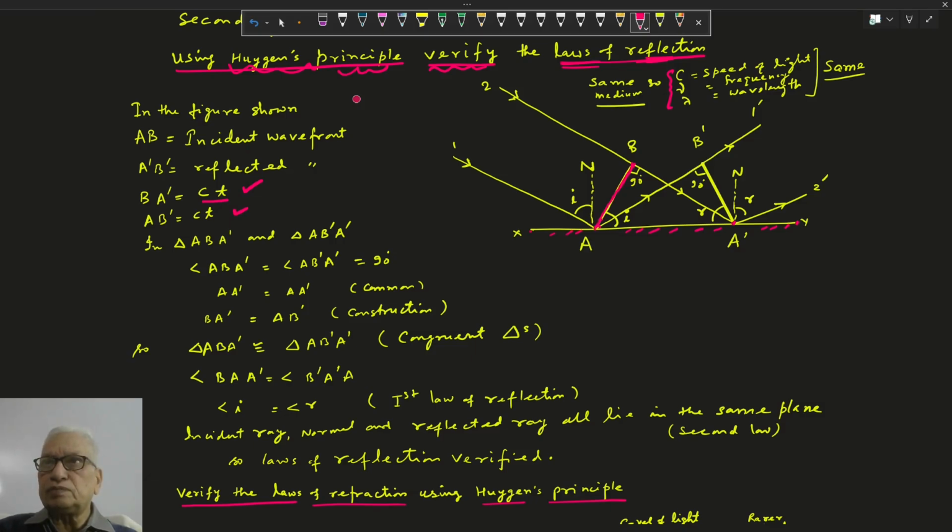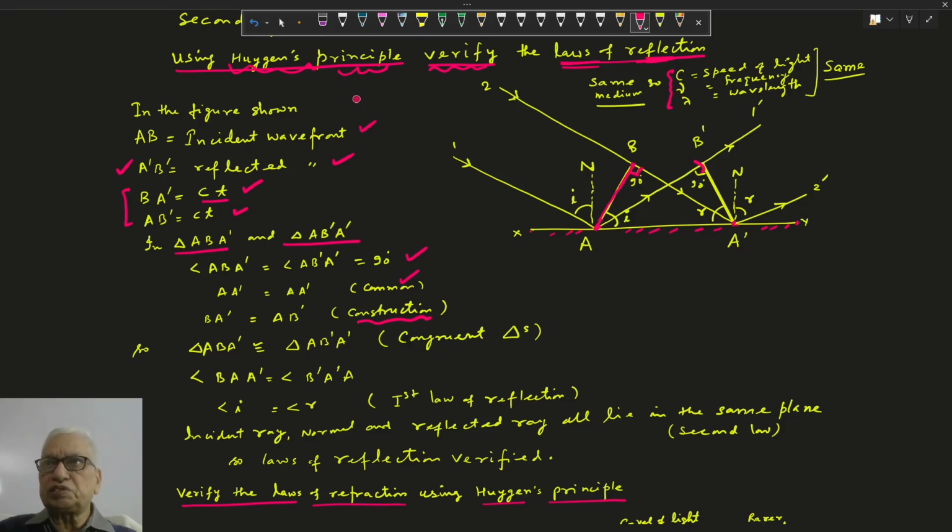This is the arc, and taking the point A, again drawing the arc of the same distance, and by joining the tangent here we are getting B dash A dash, the reflected wavefront. This A dash B dash is the reflected wavefront, whereas AB is the incident wavefront. In these two triangles, triangle ABA dash and triangle AB dash A dash, angles ABA dash and AB dash A dash are both 90 degrees, and side AA dash is common in both triangles. Now BA dash distance and AB dash distance we have constructed of equal distance.